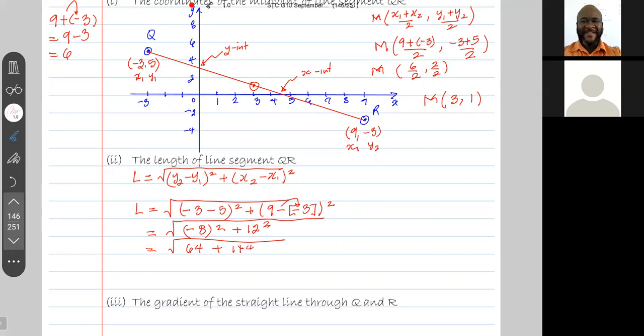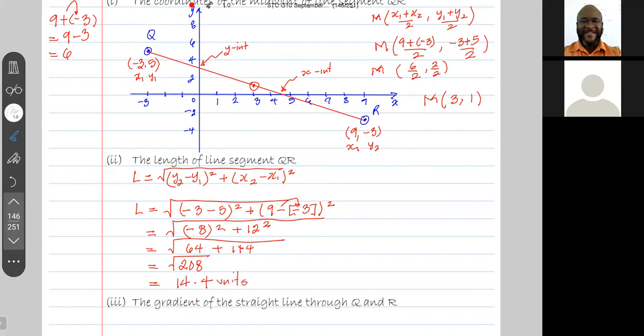This is the square root of 208. This is 14.4 units.